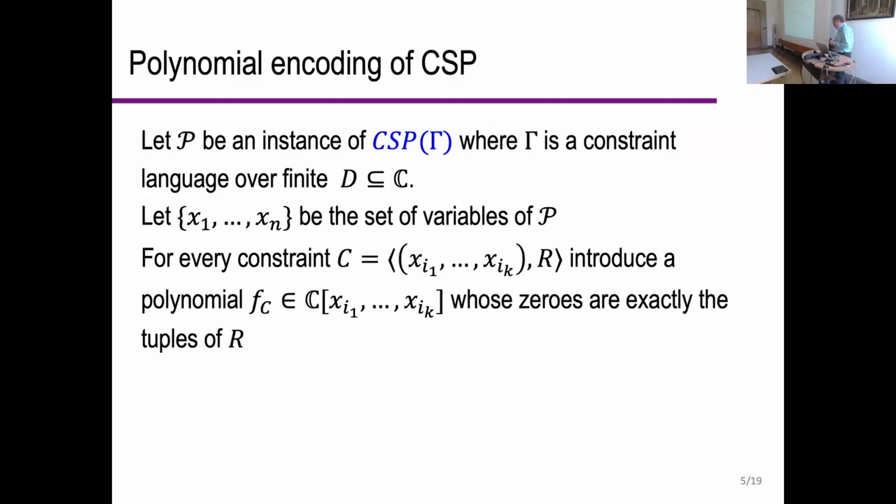So what I'm going to do now is take a constraint. That's my predicate, and these are the variables the predicate is imposed onto. I'm going to find a complex polynomial whose zeros are exactly the tuples from here. If the domain is a finite set, I can always do that. I may get a polynomial of pretty high degree, but I don't care.